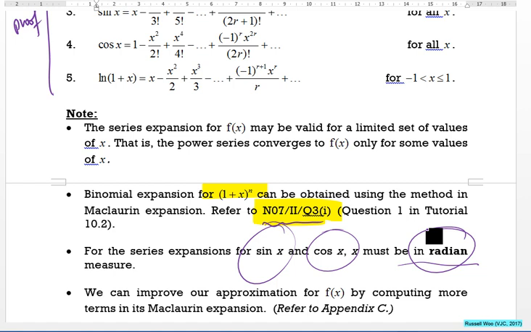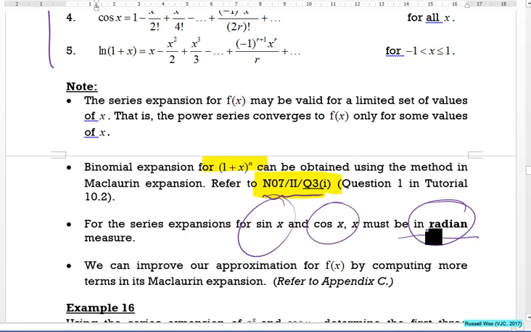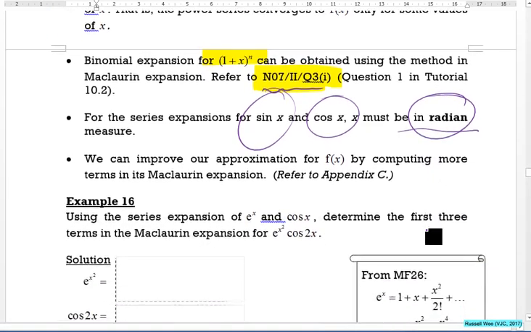Maclaurin's expansion makes use of differentiation, therefore it must be in radians. Otherwise, the formula doesn't work. Got it? Of course, the more terms you have, the better is the approximation. Never mind. Let's do this.